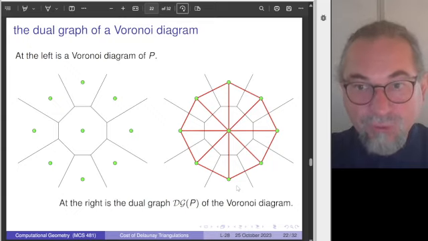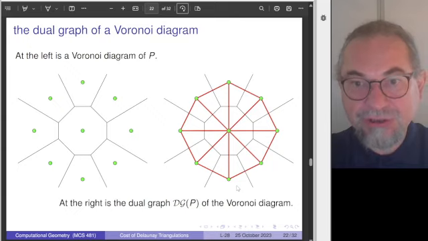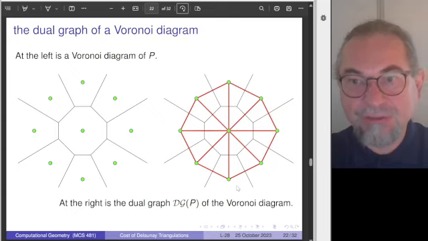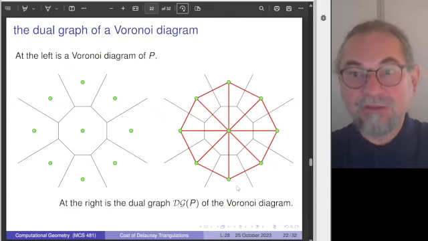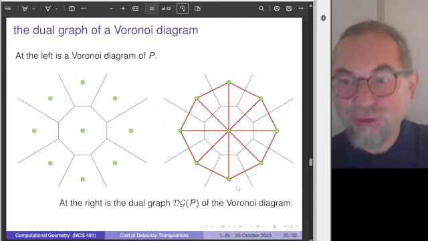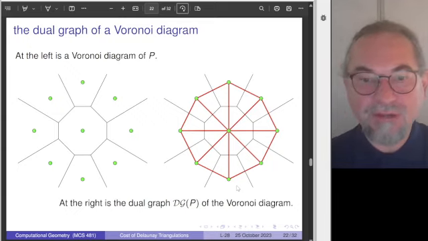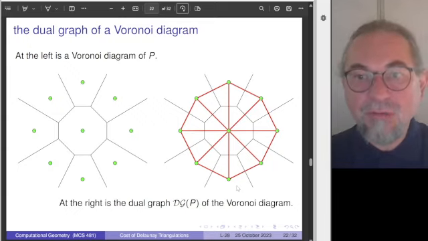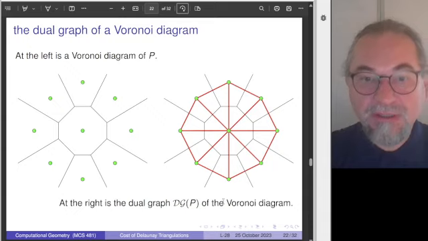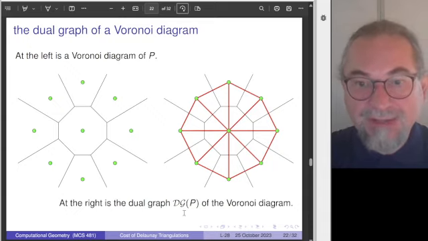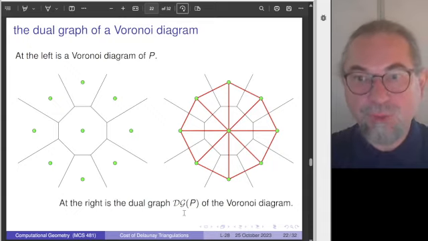If two Voronoi cells are adjacent, we draw an edge between the sites in the original Voronoi diagram. So we see the Delaunay triangulation as a dual graph of the point set of sites.